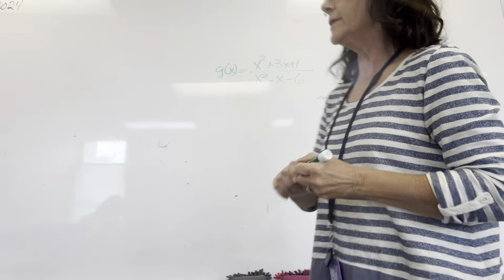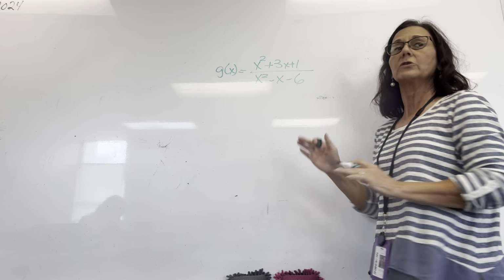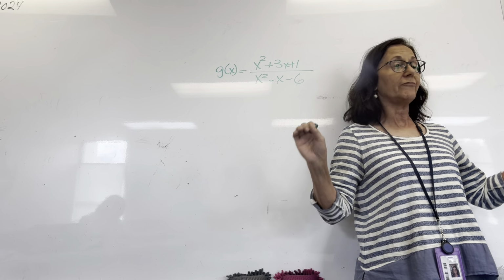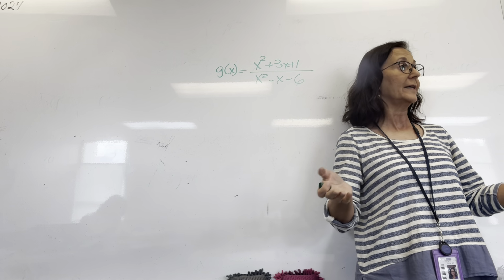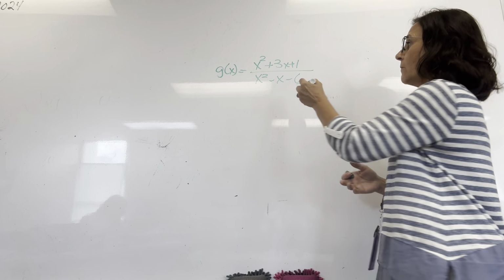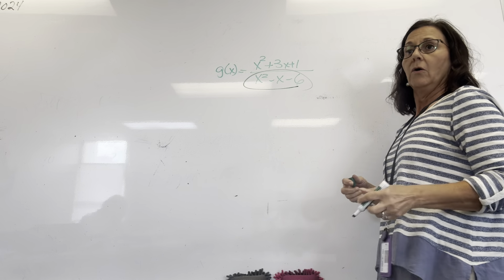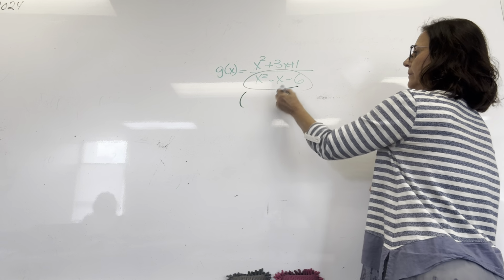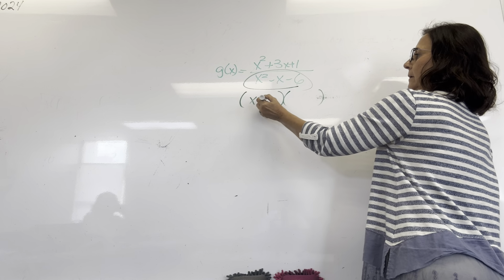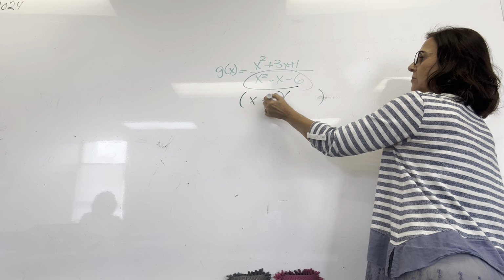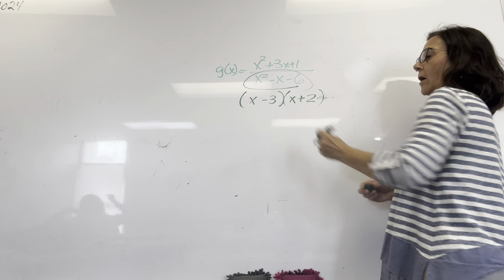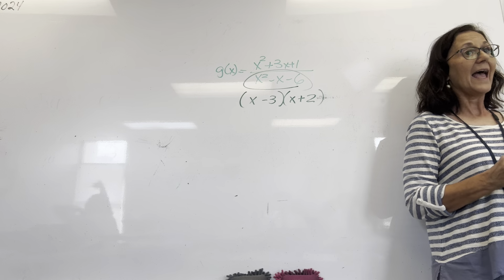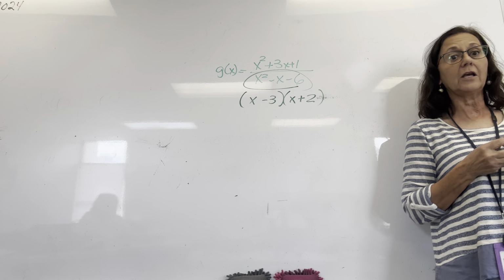What is that denominator factored? x minus 3 times x plus 2.